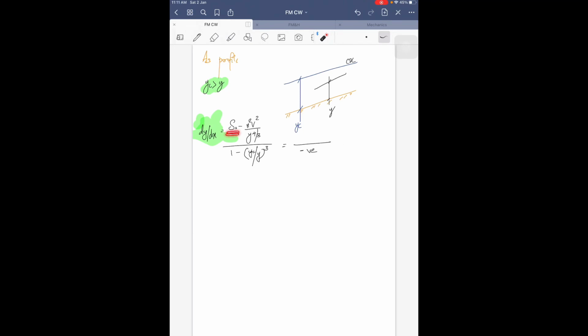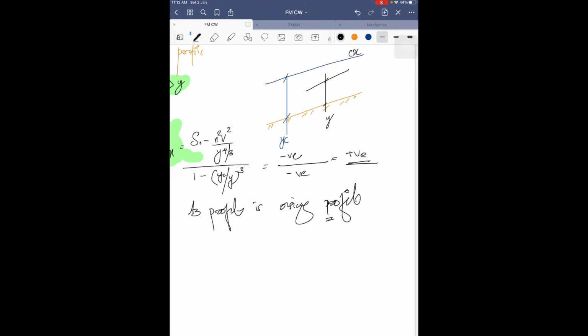So the numerator will be a negative value. Negative minus n square v square by y raised to 4 by 3 will be negative, and negative over negative together will be a positive value. So we can say that the A3 profile is a rising profile.